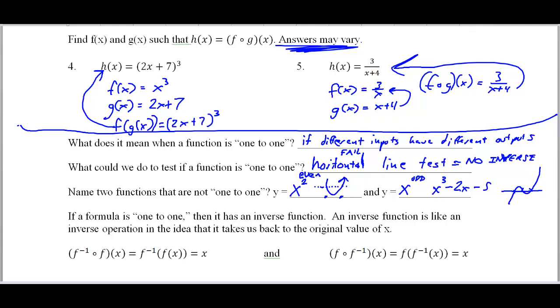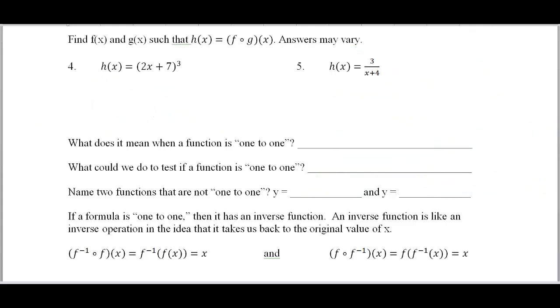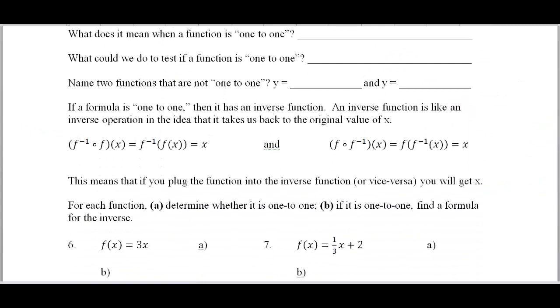And there are some notes here that I wrote down that you might find interesting, because these notes really get into the nuts and bolts of it and might show up a little bit more later in the review here. See, if a formula is 1-to-1, it has an inverse function. So that means if it passes the horizontal line test, it has an inverse.